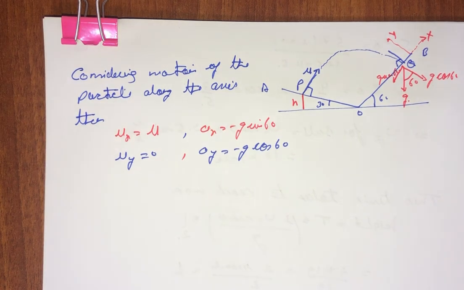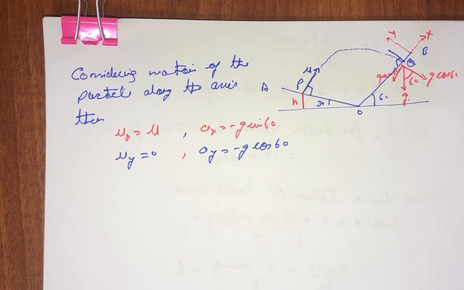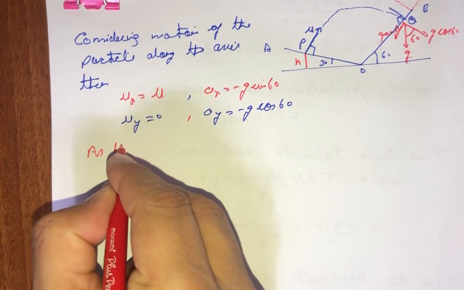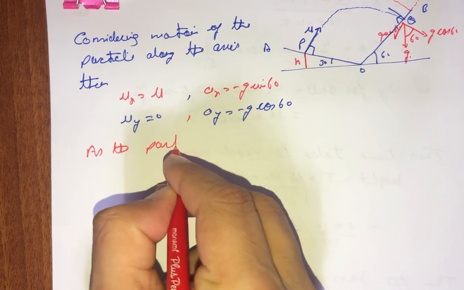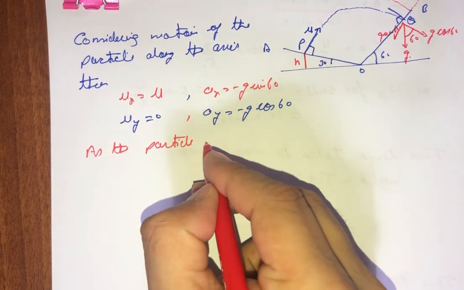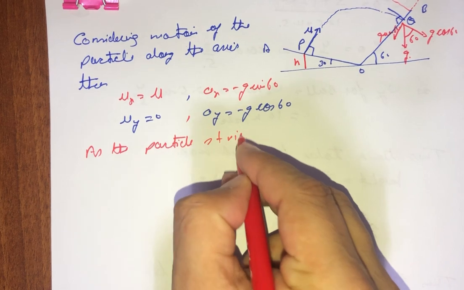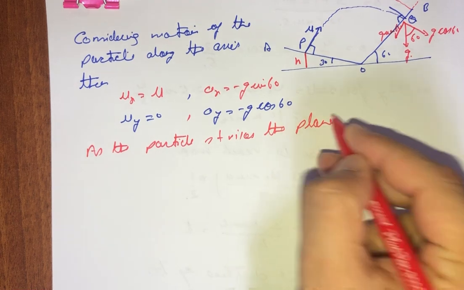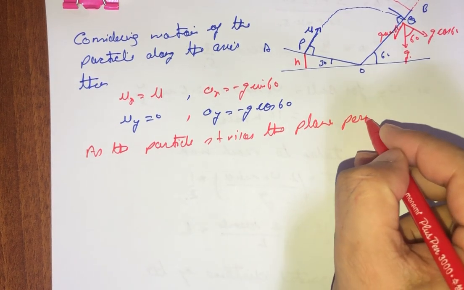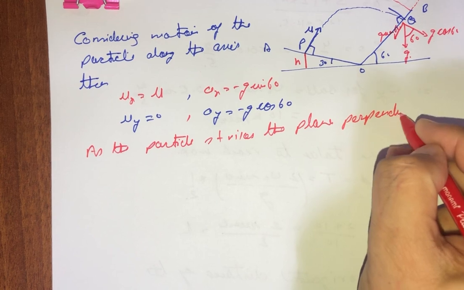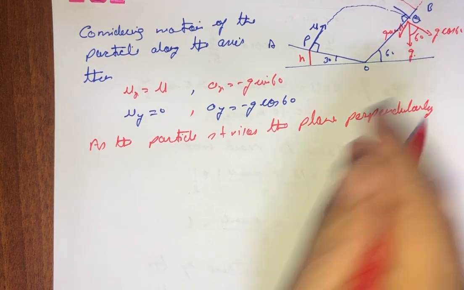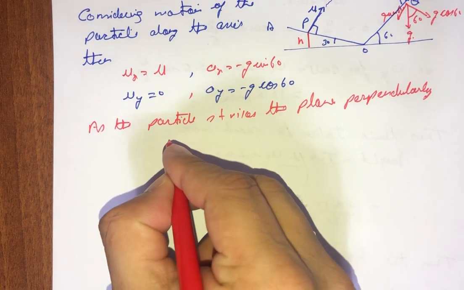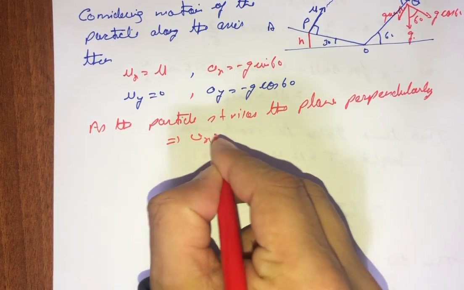Now at point Q, the particle strikes at an angle of 90 degrees, or perpendicular. So we can say that as the particle strikes the plane perpendicularly, the x component of final velocity will be equal to 0.